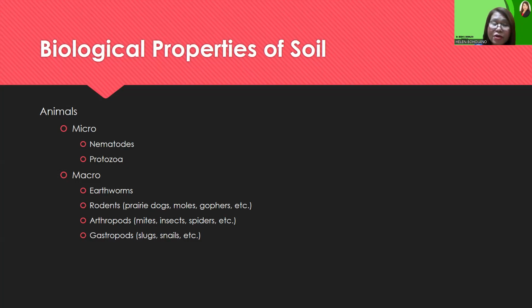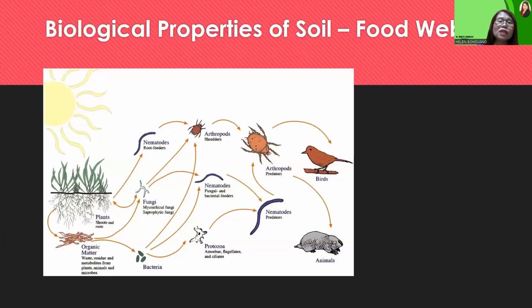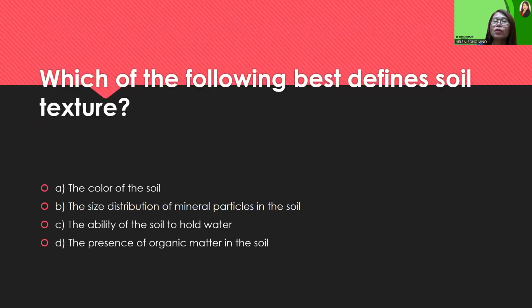The macro ones are earthworms, rodents such as prairie dogs, moles, and gophers, etc. The arthropods, the mites, the different insects, the spiders, and the gastropods, the slugs and snails, etc. These are also things that we need to look into because they can damage our plants, so our plants may die, especially cabbage, etc. So these are the biological properties of soil.